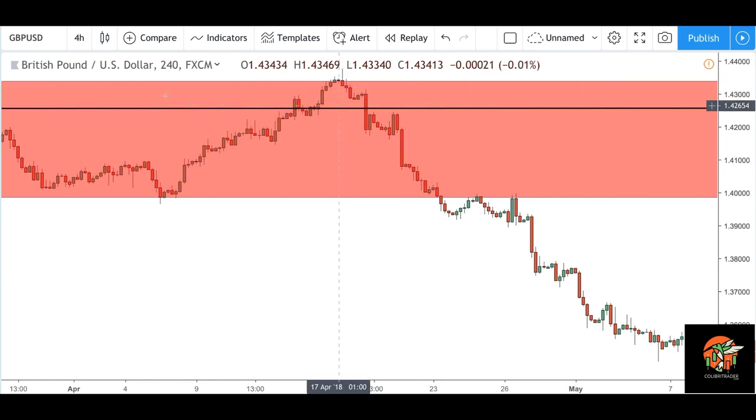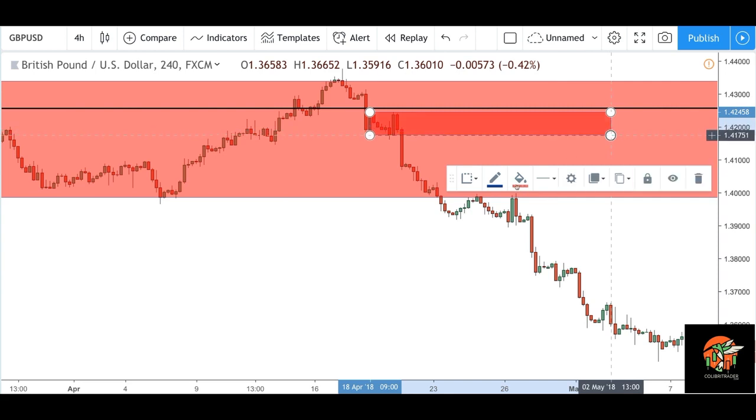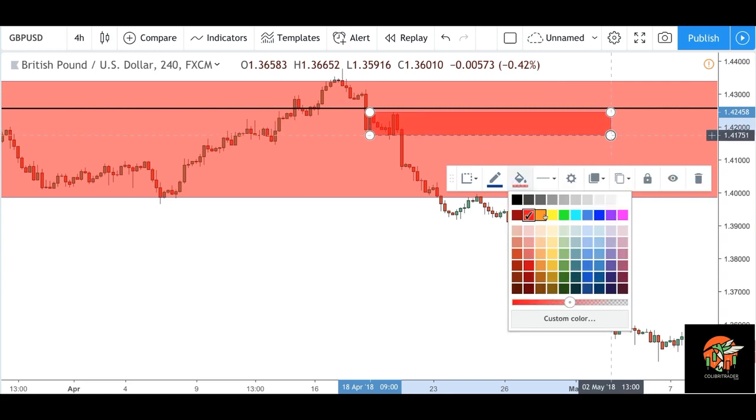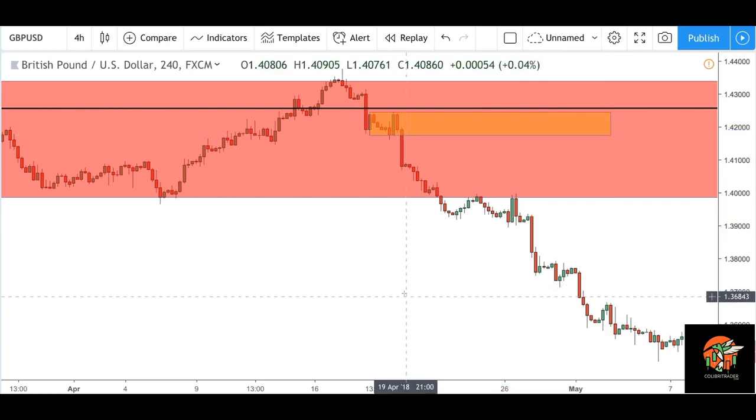In case you have missed this signal, the daily chart is showing you an inside bar, and then what you can do is just wait for the close of this bar and then wait for another confirmation from the 4-hour chart. So what I'm seeing here is a very small supply area. I'll just mark it out for you and change the color so you don't mix it with the other bigger supply zone.